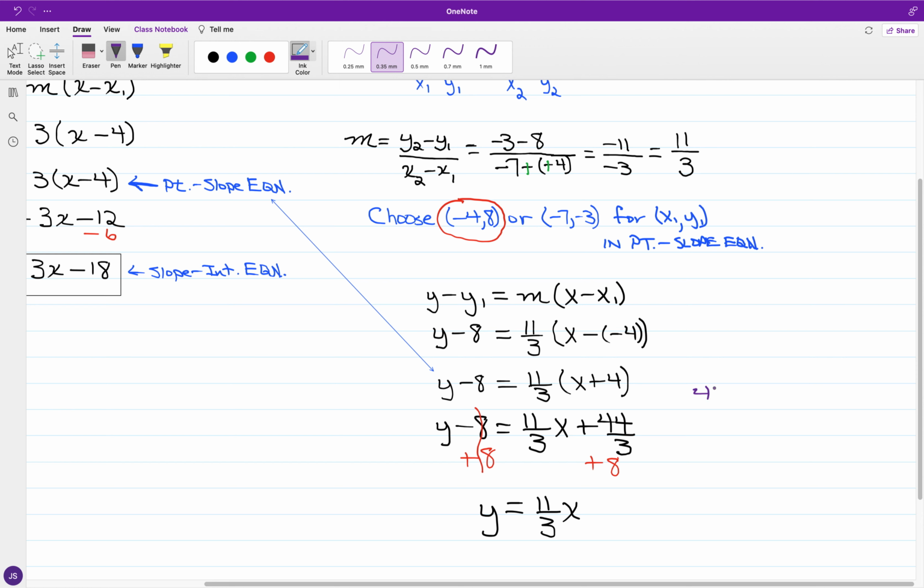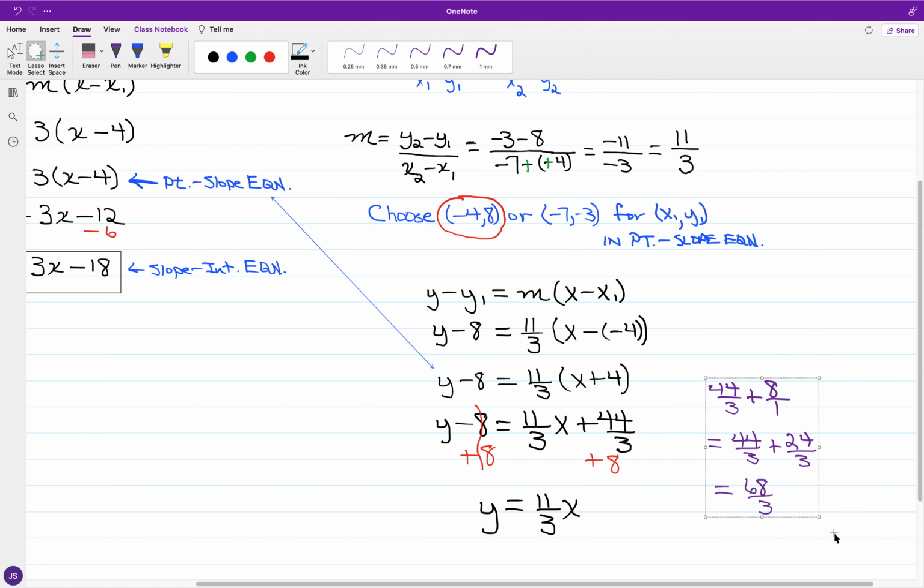Moving to the side, you have 44/3 plus 8, and you can write this as 8/1. To combine these ratios, I'll write 8 in terms of thirds, multiplying 8/1 by 1 in the form of 3/3. So 8 is going to be 24/3, and this is going to come out to 68/3.